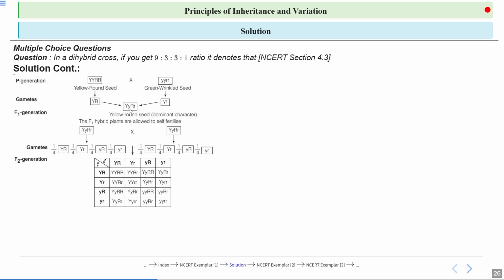The F1 hybrid will be heterozygous for both the traits. Then you can do the selfing of the F1 generation. The F1 hybrid will produce 4 kinds of gametes now. Then you can make a Punnett square and all the possible genotypes. If you calculate the phenotype here, it will be 9:3:3:1. Clear?